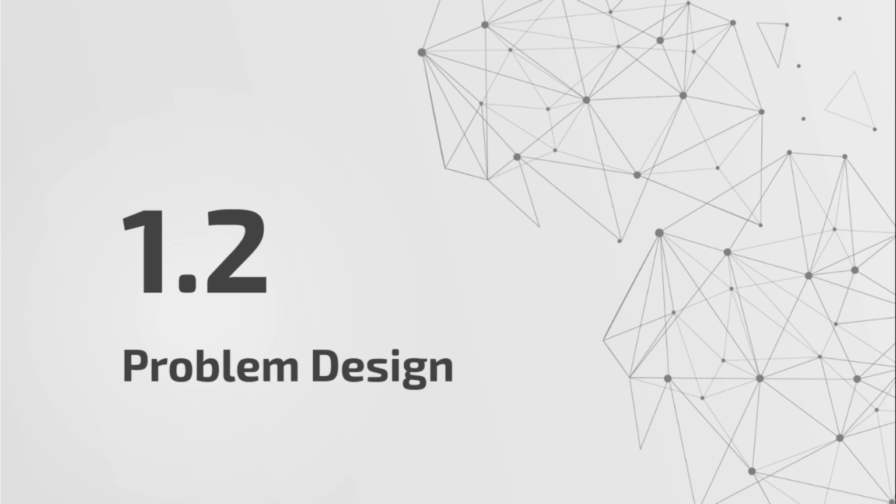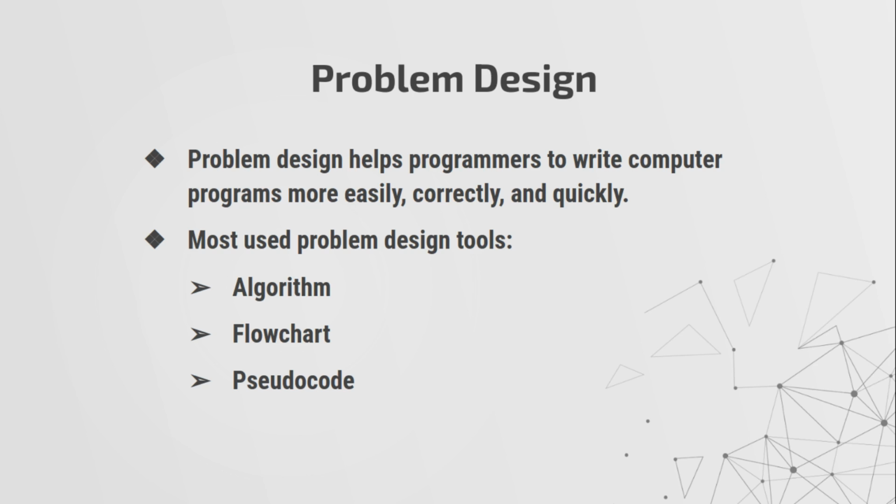Next is problem design, or program design. Program design helps programmers to write computer programs more easily, correctly, and quickly. Before writing the code, if we design the program and make a clear picture, some kind of real diagram, that may be a flowchart or any kind of diagram, or you write some kind of code in plain English, then that will always help.